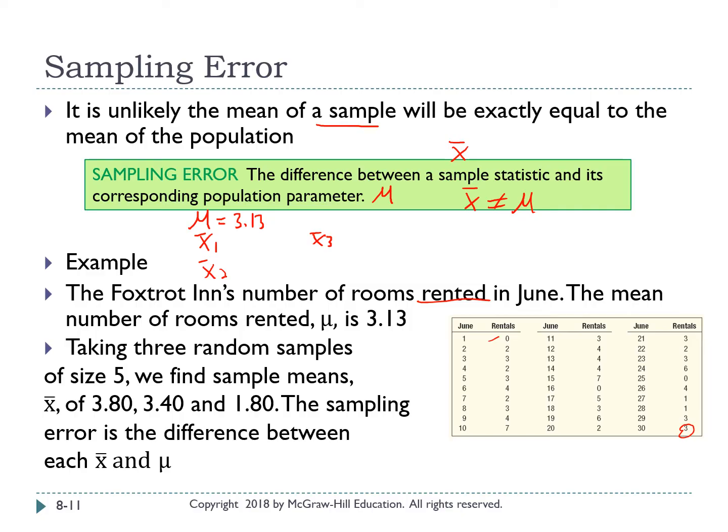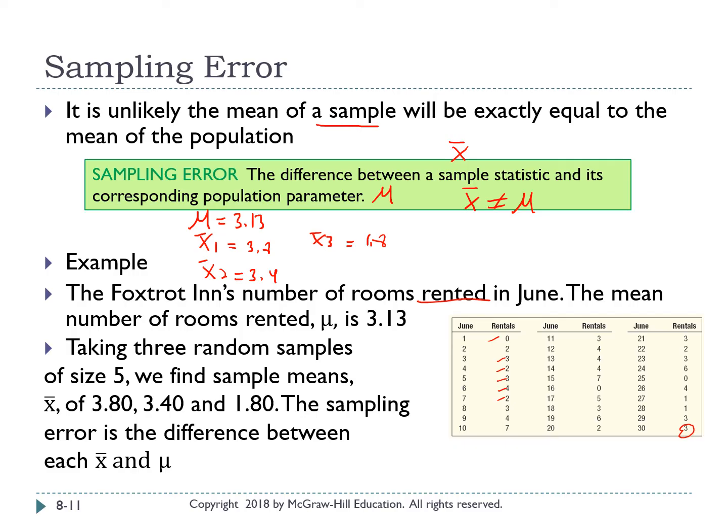For instance, you are taking 3, 2, 3, 4, 2. The summation of all these observations divided by 5 gives you the sample mean. Let's assume that you have computed the first sample mean and you got the value of 3.8. The second sample mean you got the value of 3.4, and the third one you got the value of 1.8.